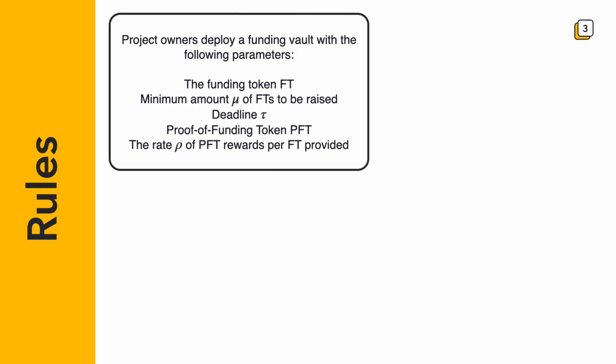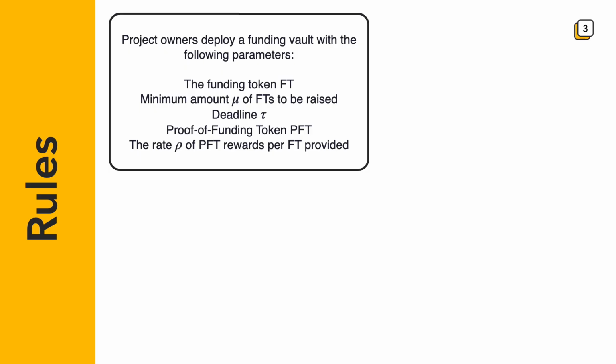The funding token that should be provided as funding to the project, a minimum amount of funding tokens that need to be raised for the fundraising to be considered successful and for the project to start, a deadline, the proof of funding token that will be used to reward the contributors, and the rate of proof of funding tokens that will be given to the contributors per funding token provided.